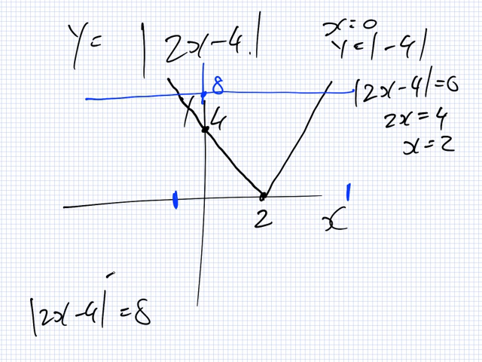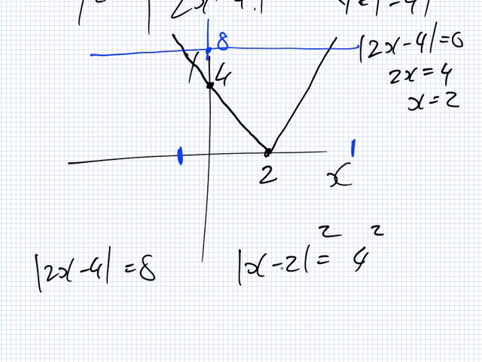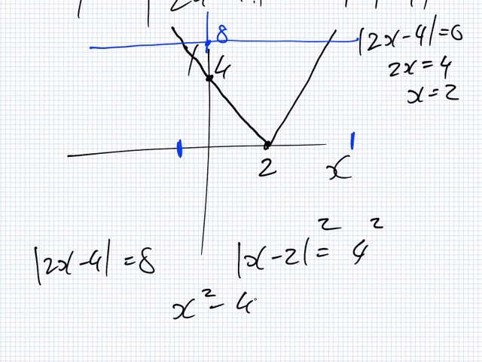The way we do that is by squaring both sides. But actually, before doing that, I realized there's a 2 in everything, which I can cancel. So that's the absolute value of x minus 2 equals 4. Now I'll square everything. So that's x squared minus 4x plus 4 equals 16. X squared minus 4x minus 12 equals 0.